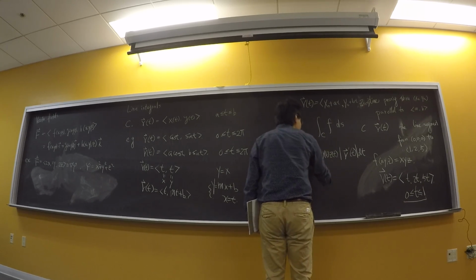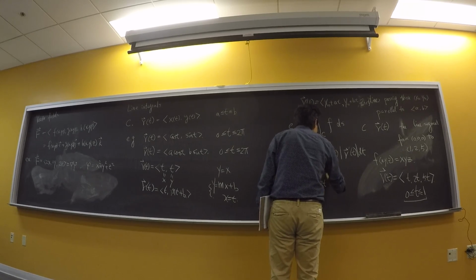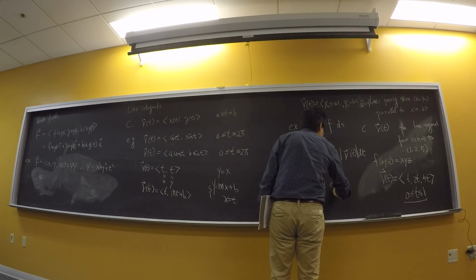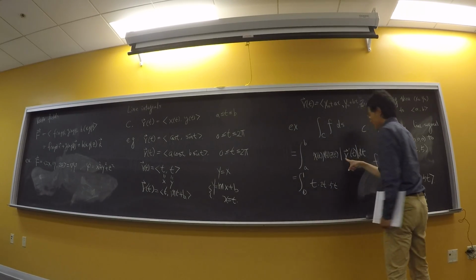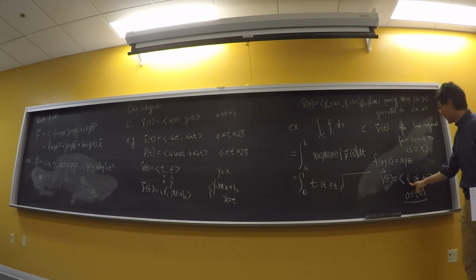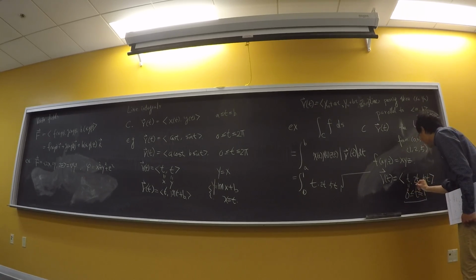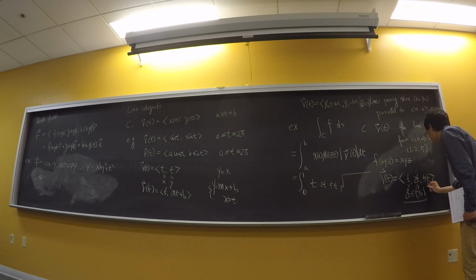So this is going to be the integral from 0 to 1, x(t) is equal to t, y(t) is equal to 2t, z(t) is equal to 5t, and this length is equal to the square root of x prime squared plus y prime squared plus z prime squared. Am I right? So this is essentially my x, this is essentially my y, this is essentially my z.